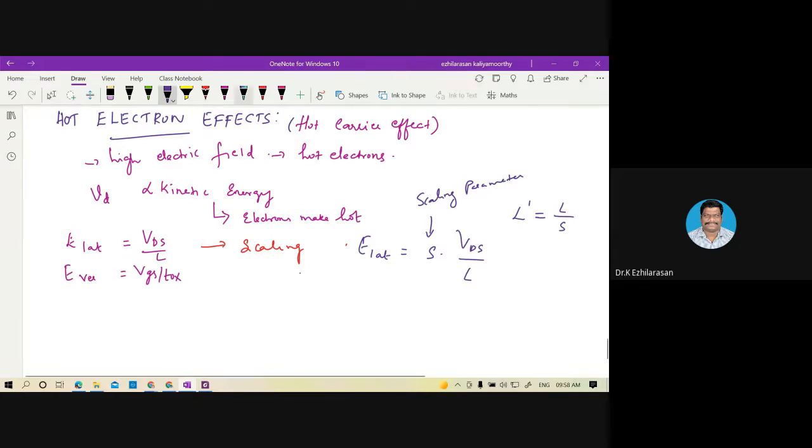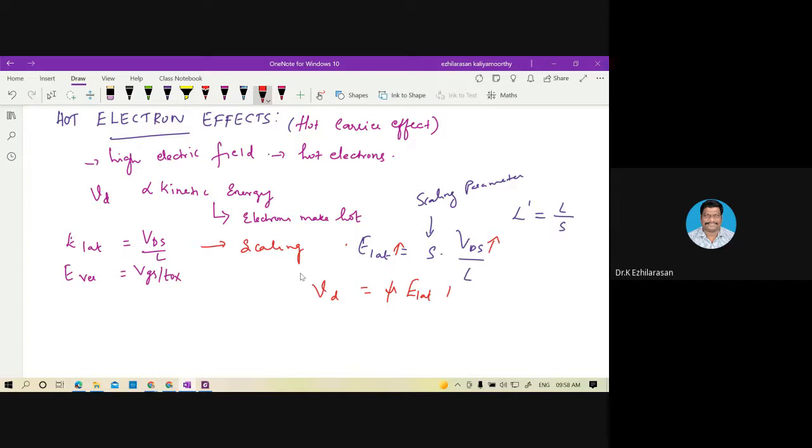Now as VDS increases, the electric field also increases. Then the drift velocity Vd is equal to mu into E lateral.